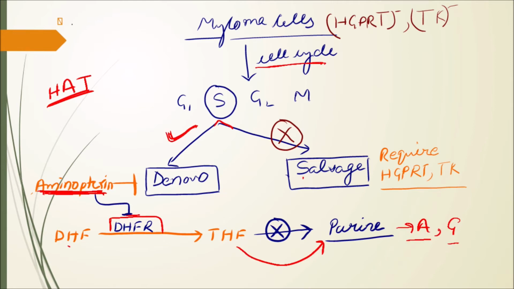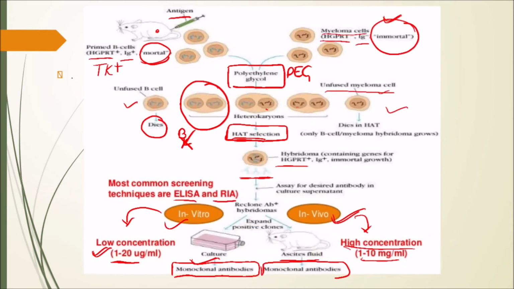So myeloma cells will not survive in this HAT media. And for the deletion of these myeloma cells, this HAT selection is done. Only hybrid cells will survive, that is, the fused B cell and myeloma cells.